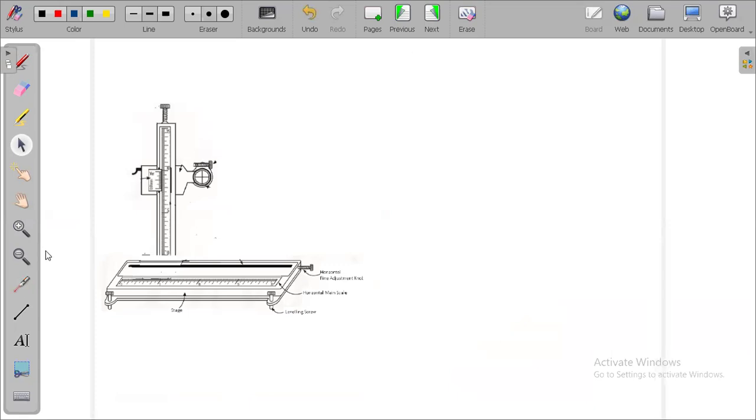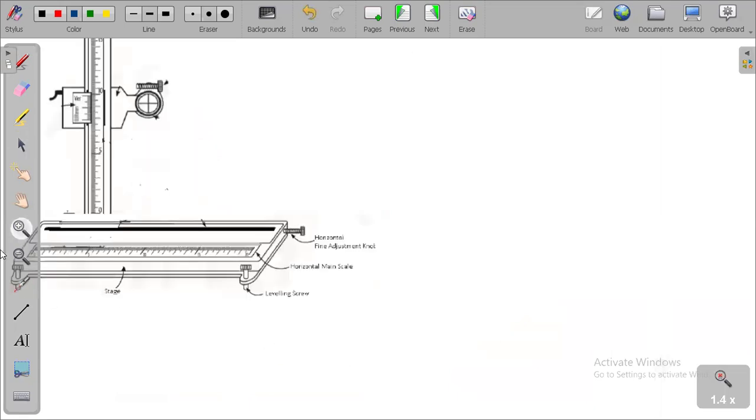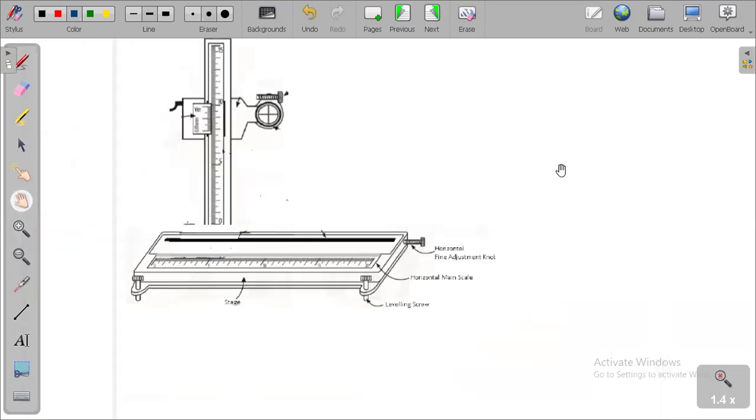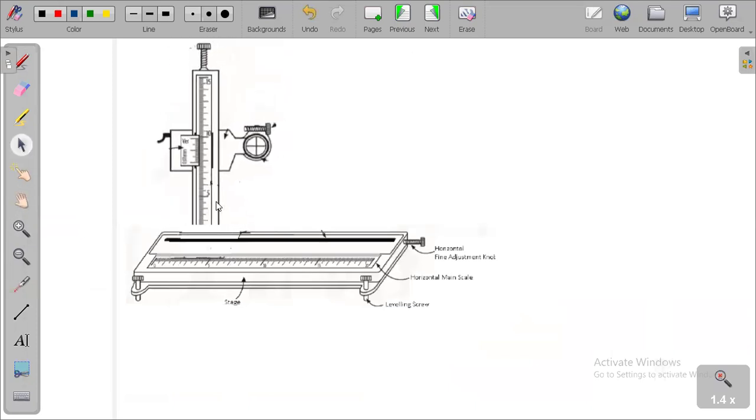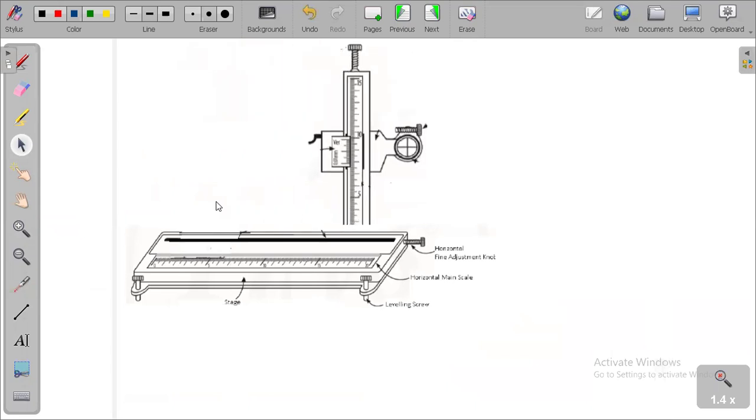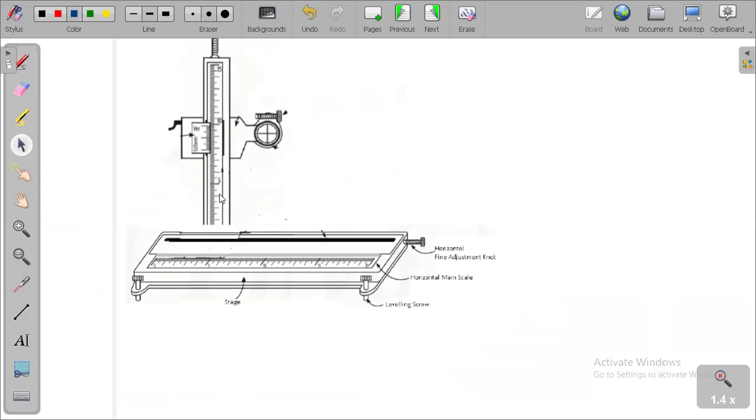Let me give you a good example. Now have a good look. You can keep it on this and slide to the right and to the left. Whenever you want, you can take a reading. At this point, you may mark the reading here as R1.